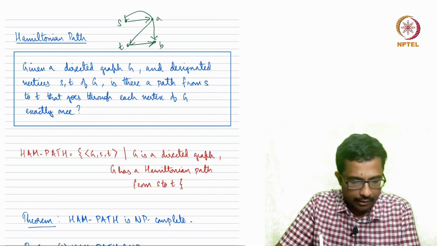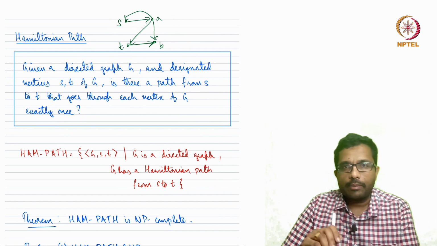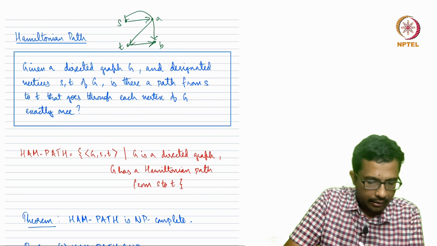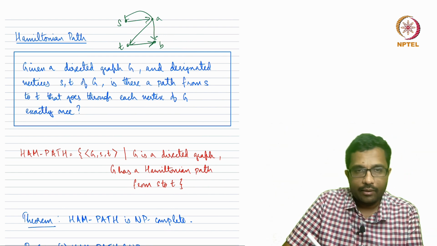In this particular graph that I have drawn, there is no such path, because there is a path from S to T that goes via A, but there is no path from S to T that goes through both A and B.